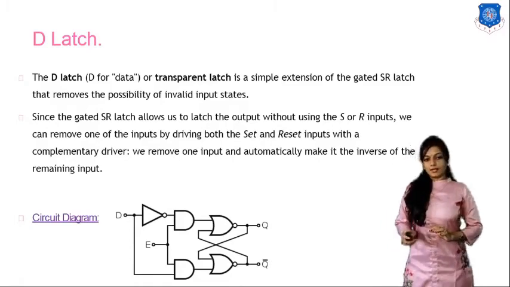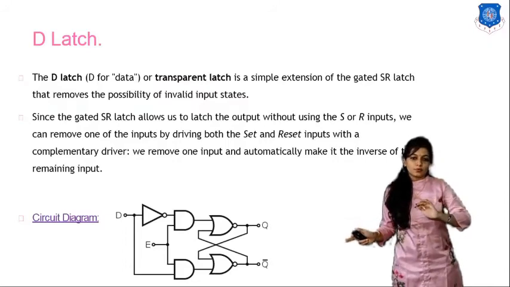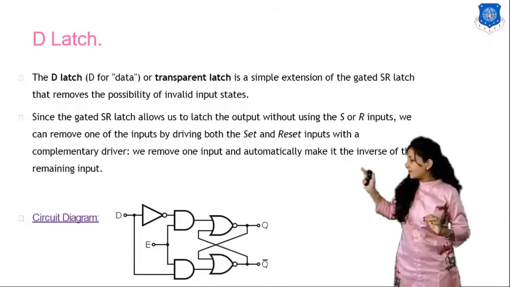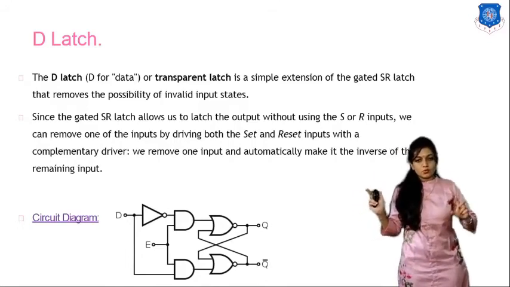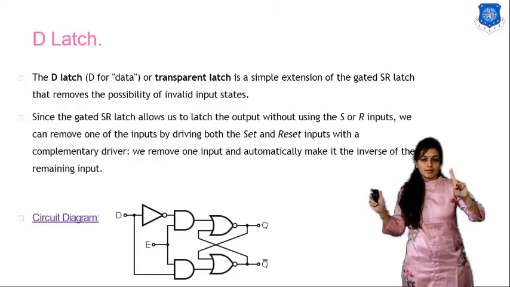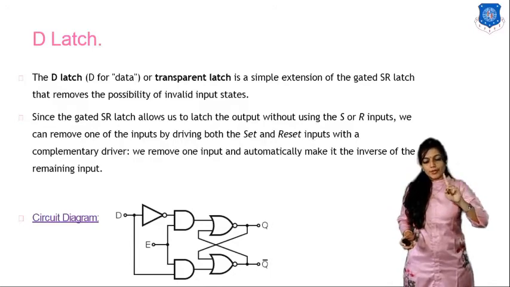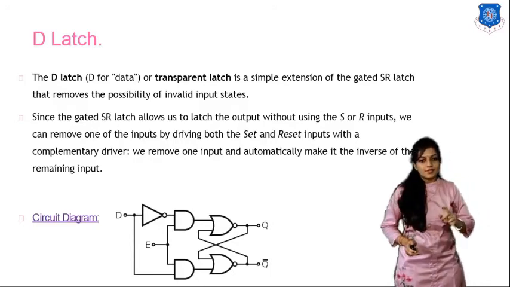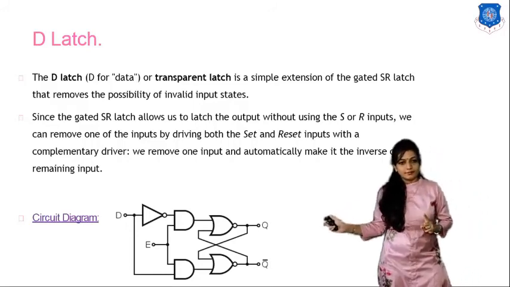right? So this gated SR latch will allow us to latch the output without using S and R inputs. So we can remove one of the inputs, so only one input D is there, two outputs Q and Q dash. So we can remove the one input by driving both the set and reset inputs with the complementary driver, that is a NOT gate.